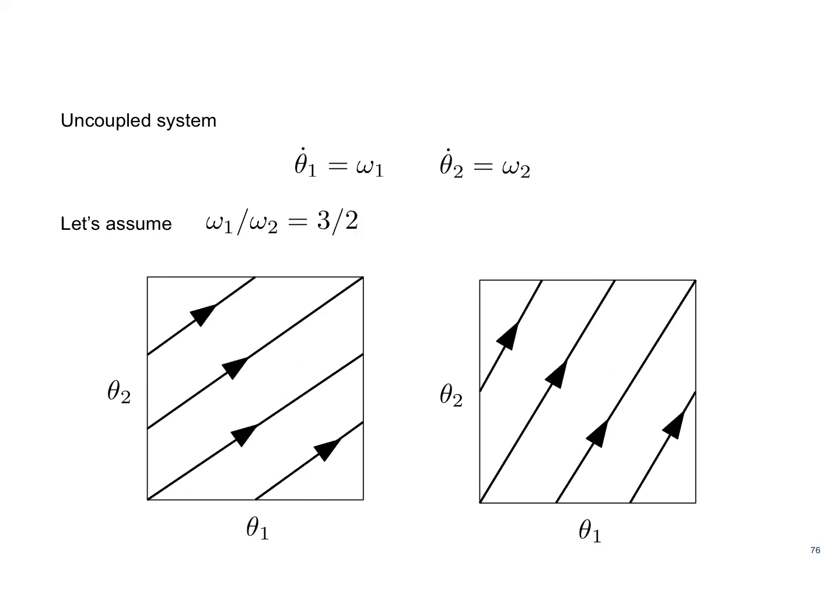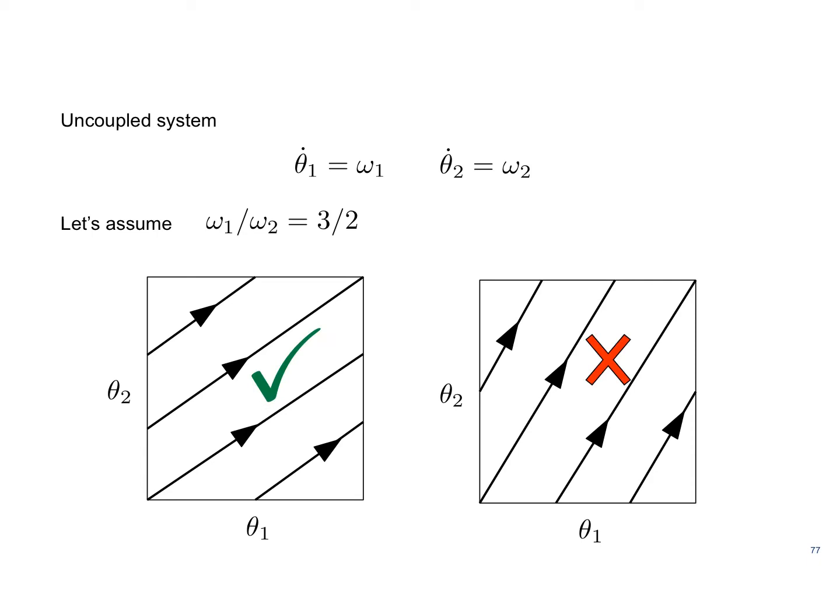Okay, so let's do it in a more, let's say, complex or difficult way. Now we will have this relation. While theta 2 completes 2 circuits, theta 1 completes 3 circuits. Okay, again pause and think.